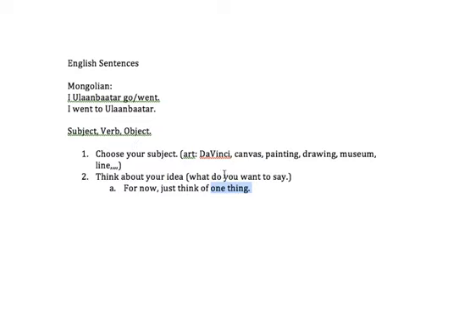And sometimes what we do in English is we start with the idea of, let's say, Da Vinci is great. That's not a very good example, sorry, but hopefully you'll get the idea.